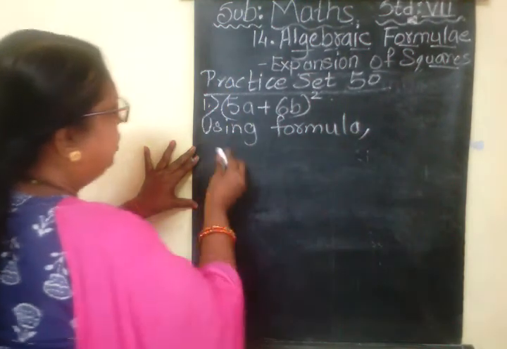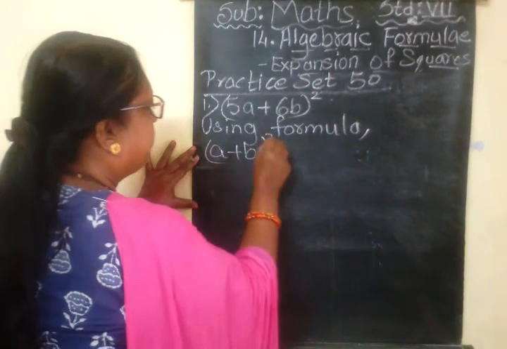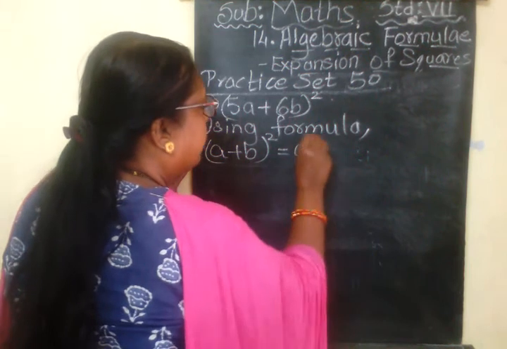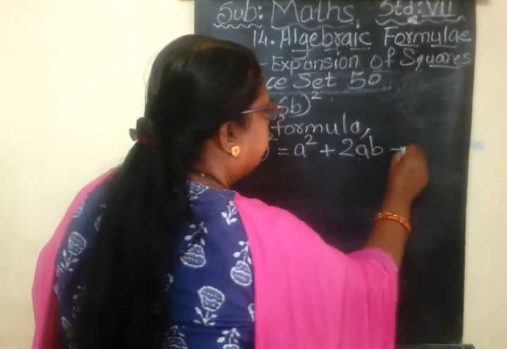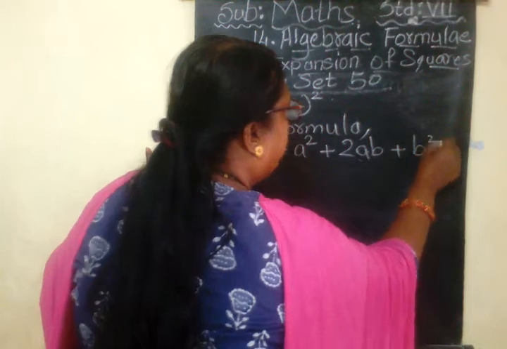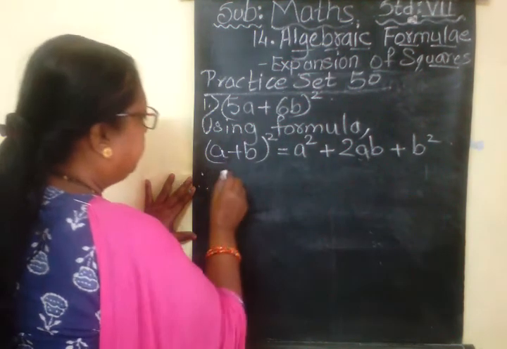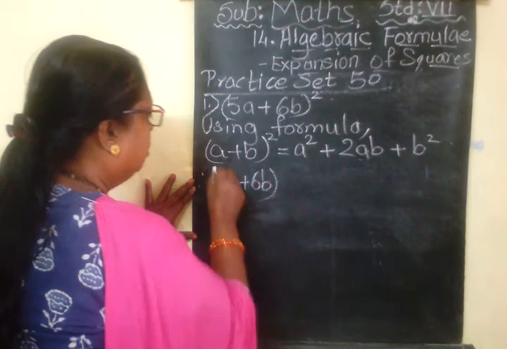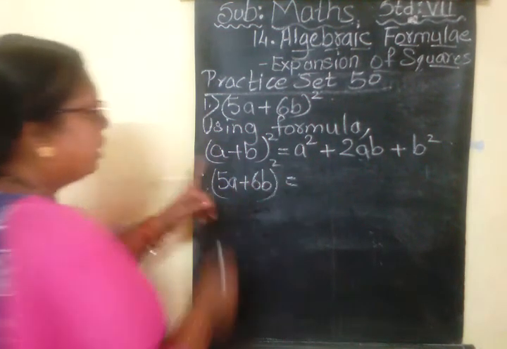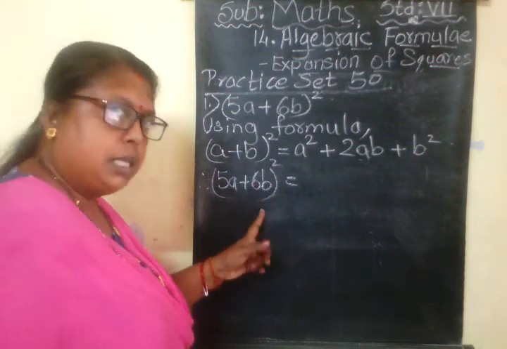Which formula will we be using? a plus b the whole square is equal to a square plus twice ab plus b square. Now instead of a plus b, we will write 5a plus 6b the whole square. Means your a is 5a and your b is 6b.